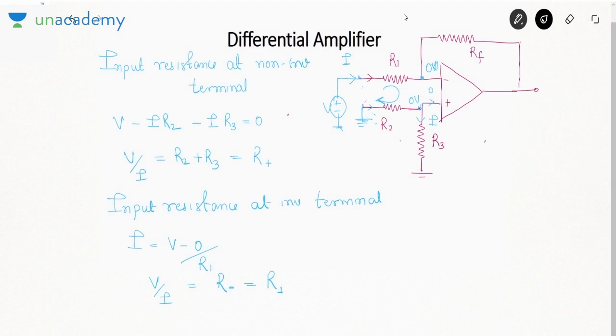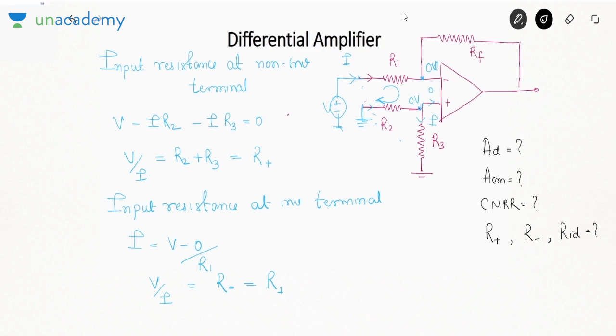First, differential gain, common mode gain, CMRR, R positive, R negative and RID. So all these things can be asked. So this differential amplifier is very important. You have to remember how did I analyze this differential amplifier.